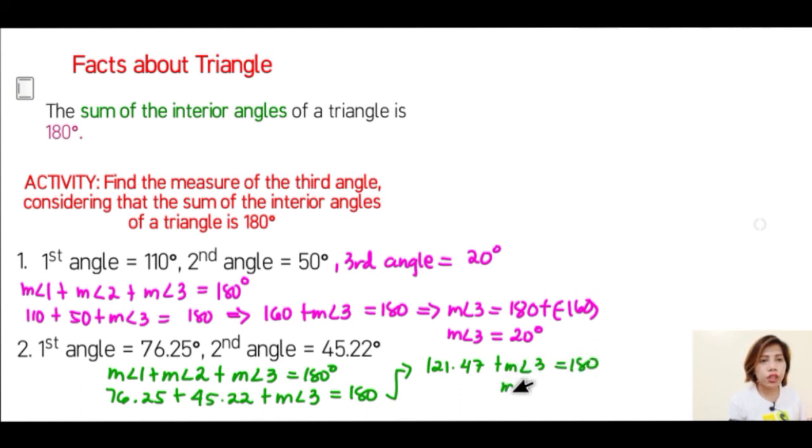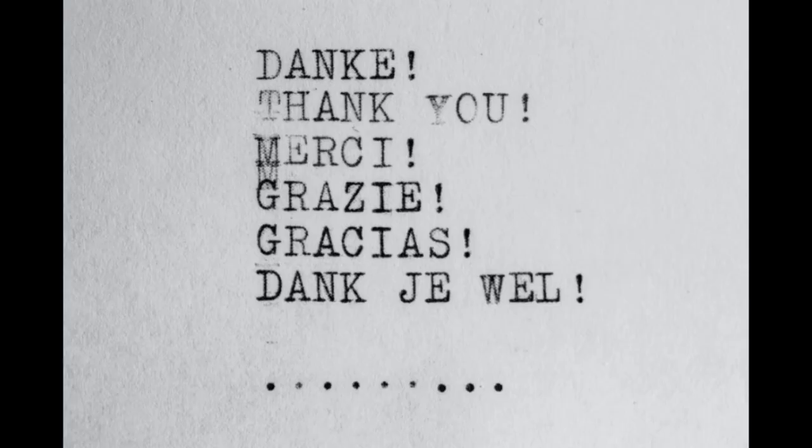And then, the measure of angle 3 is equal to 180 plus negative 121.47 using addition property of equality. So, the measure of angle 3 is equal to 58.53. Since measure ng angle yan, lagyan natin ng degrees. So, the third angle is equal to 58.53 degrees. So, yan po yung gagawing method kung hanapin po natin yung measure ng ibang angles ng triangle.